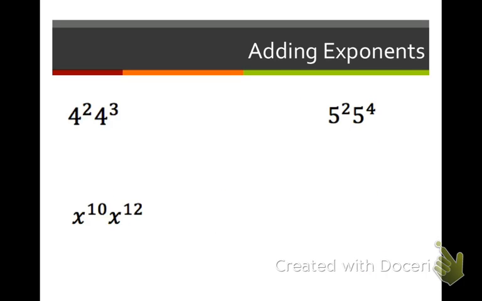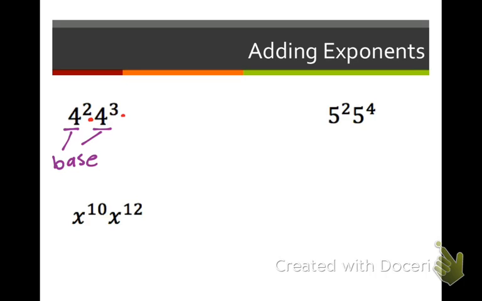In some cases, you might have a base with an exponent times another base with an exponent. So in this case, just to point out, the 4, that's called the base. Okay. When the bases are the same, in this case they are, there's an imaginary multiplication sign that we're multiplying.